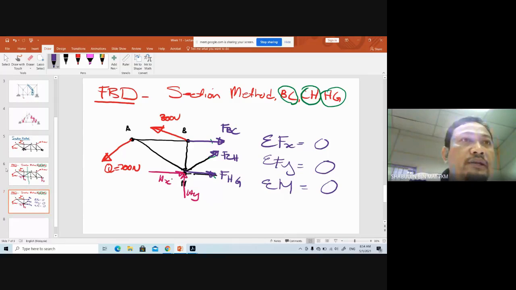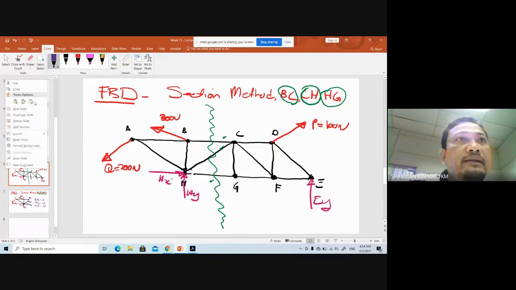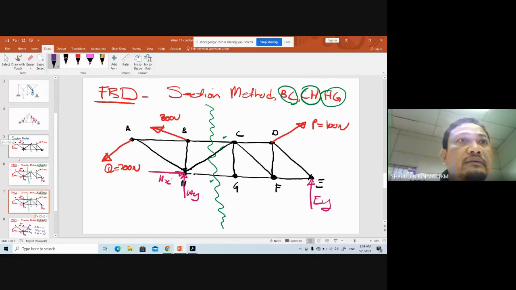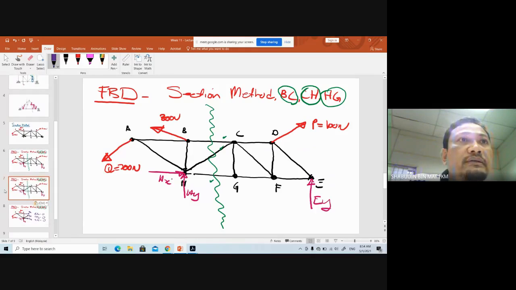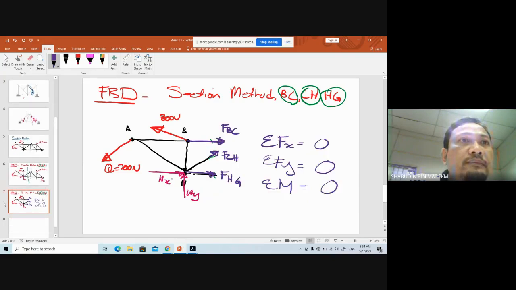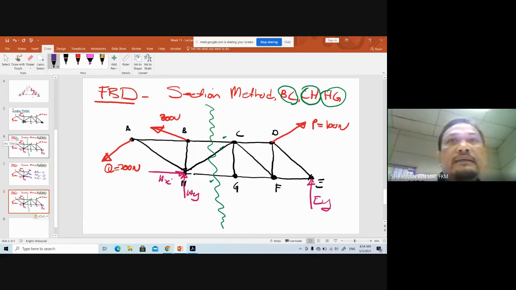Or if you don't trust me, you want to do it on the right hand side. How to do that? Cut it here. And we move it here.